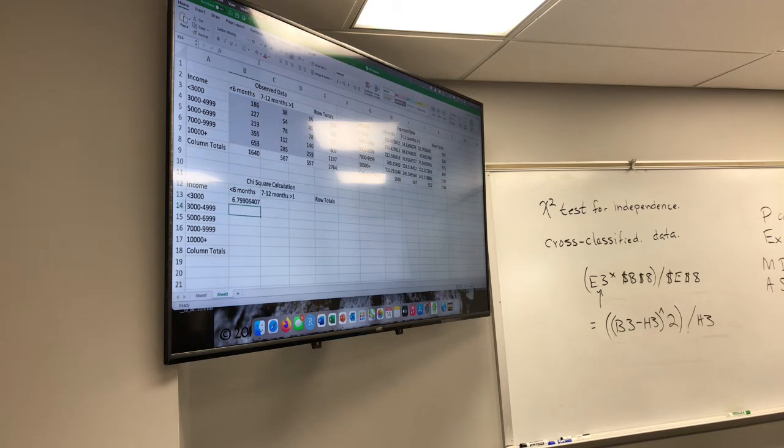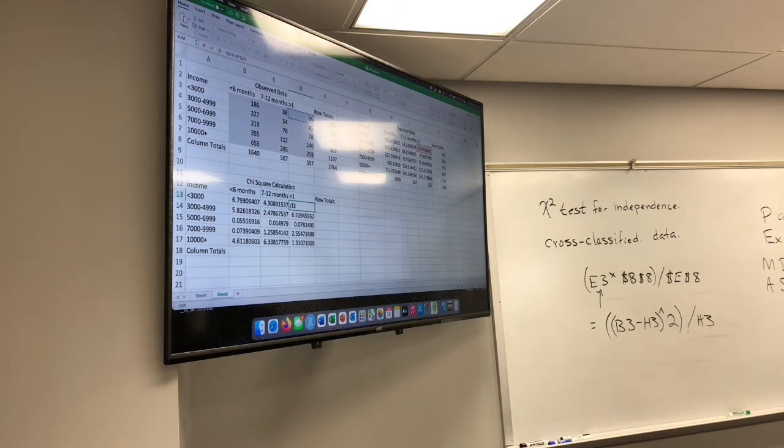You guys get 6.799 for that? Yep. Now at this point, life is easy. You can drag this over, it'll autofill, and you can drag it down and it will autofill. So when you check this formula over here, this should be 35 minus 52 squared divided by 52.